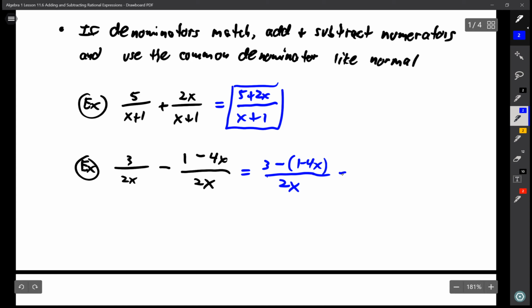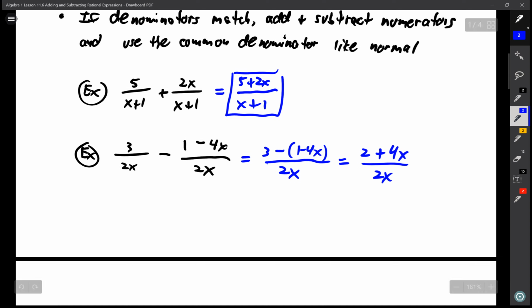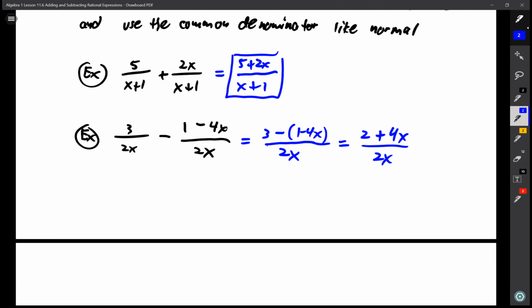So then what does that give us? That gives us, well, 3 minus 1 is 2, but then this minus negative 4x becomes plus 4x, all of that over 2x. Now at this point, we can do some simplifying a little bit. We can factor a 2 out of the top.